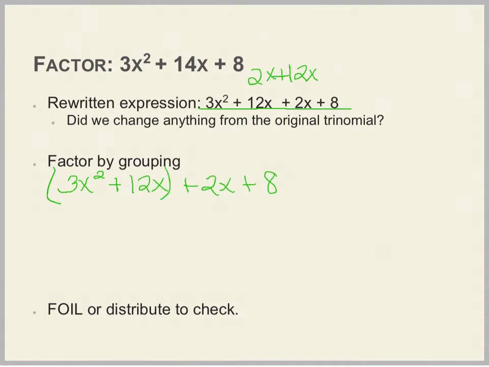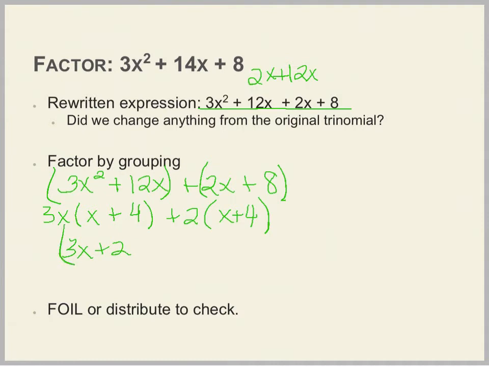I group my first 2 terms and my second 2 terms. I factor out the greatest common factor, 3x, leaving x plus 4, plus 2 times x plus 4, and now write that as 2 binomials, 3x plus 2 times x plus 4.